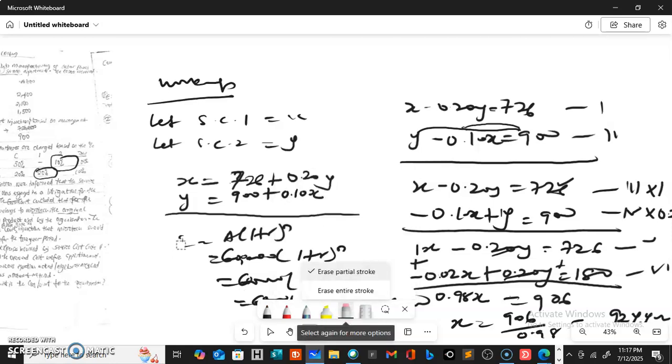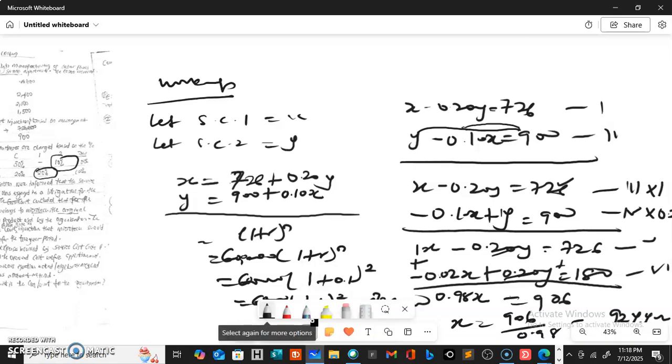This should be amount, and this should be the initial sum, which is principal. So we're able to use the compounded interest method to get the cost associated with Service Cost Center 1.